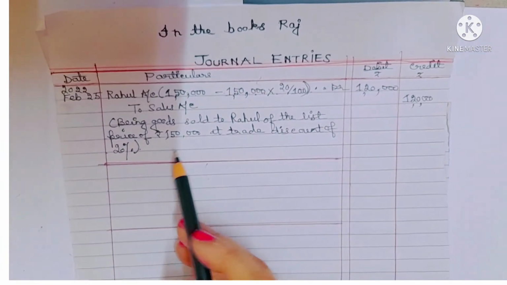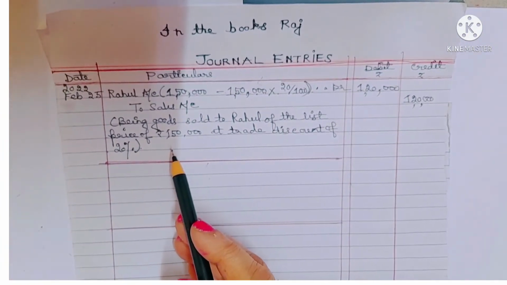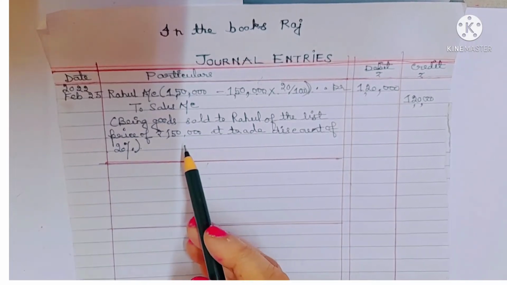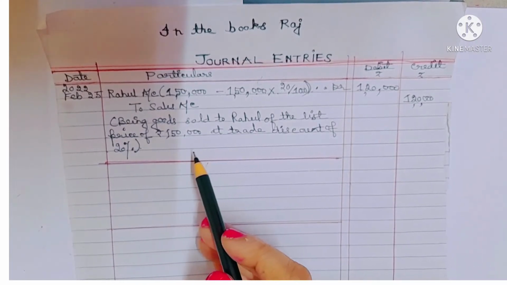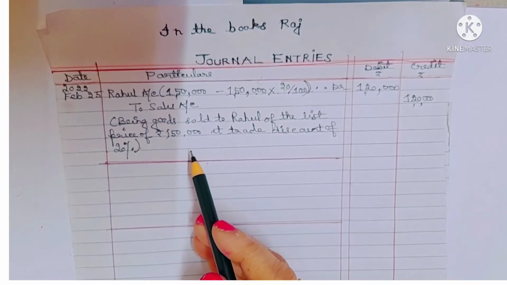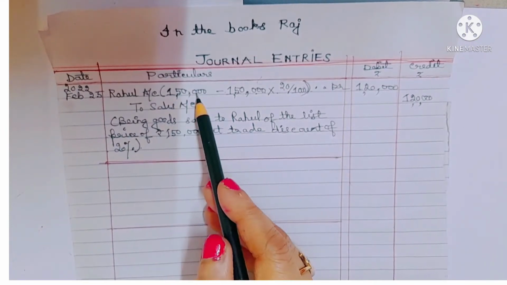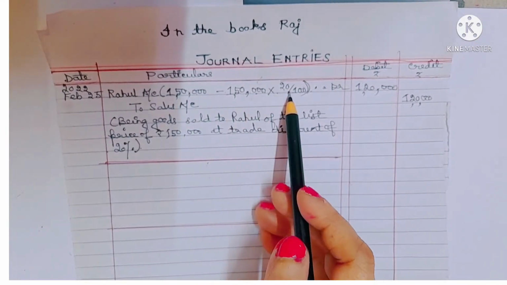And one more thing, please do remember, sales or purchases are always recorded as net price. What is net price? Net price is equal to list price minus trade discount.